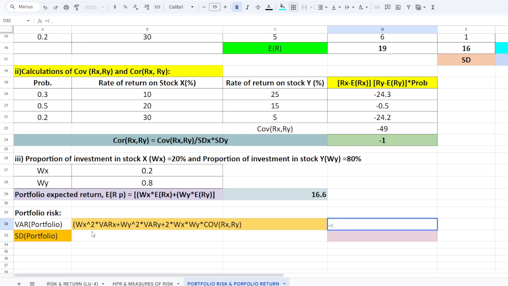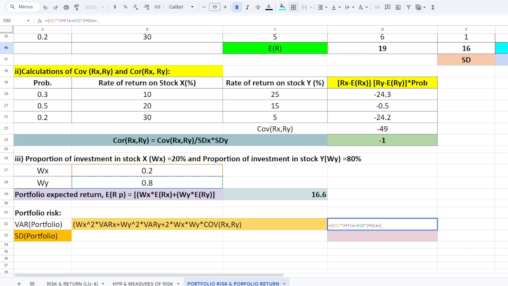That is your weight of X squared into variance of X. Variance of X we already calculated, this one. Then plus W2 squared, that is the proportion of investment in Y, into the variance of Y. Variance of Y is this 49%, again already calculated.